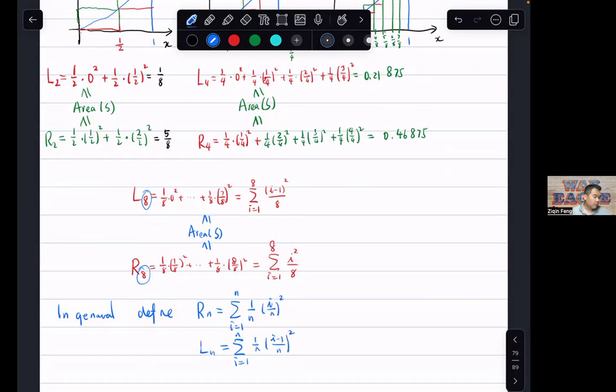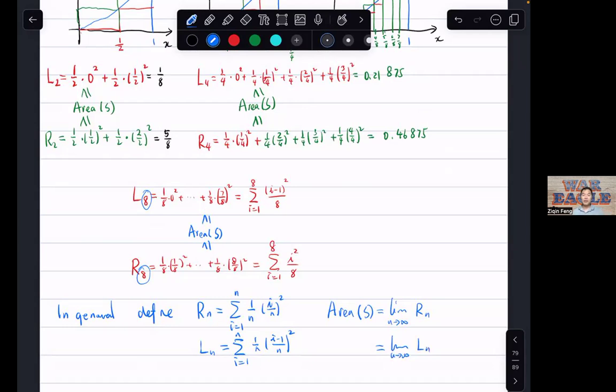So we are ready to write down the area. As you can imagine, the area of S should be the limit as n goes to infinity of Rn, or equivalently the limit as n goes to infinity of Ln, right?